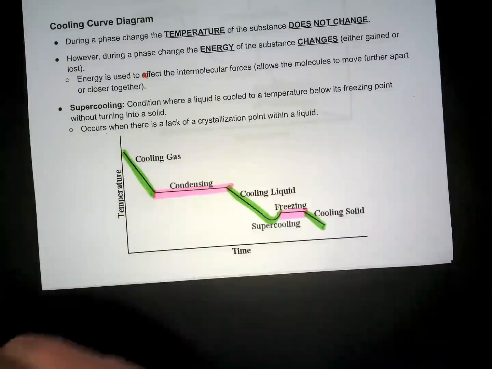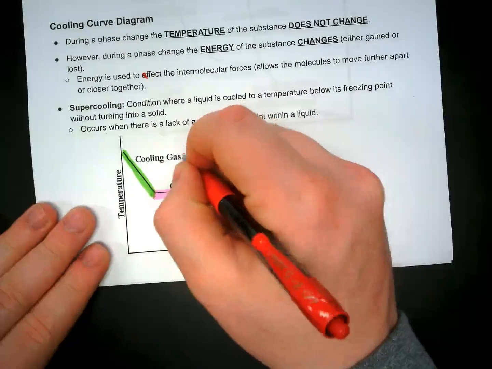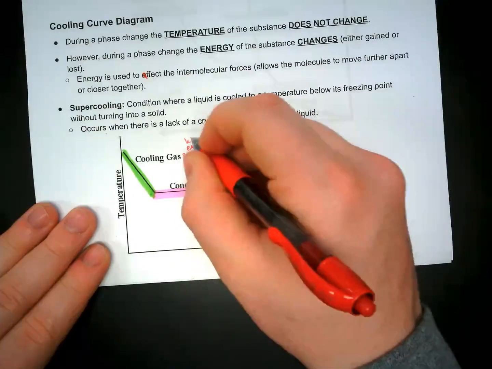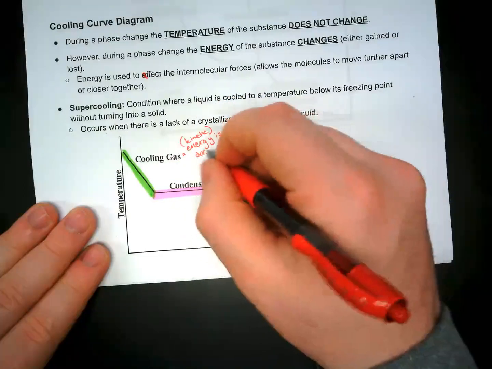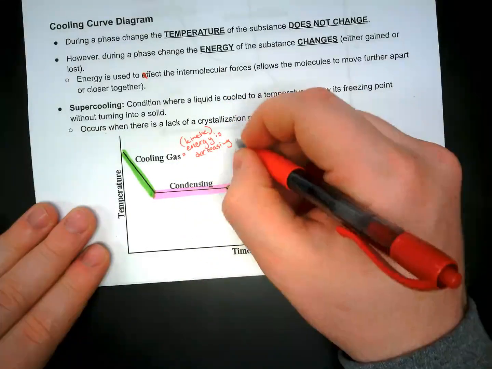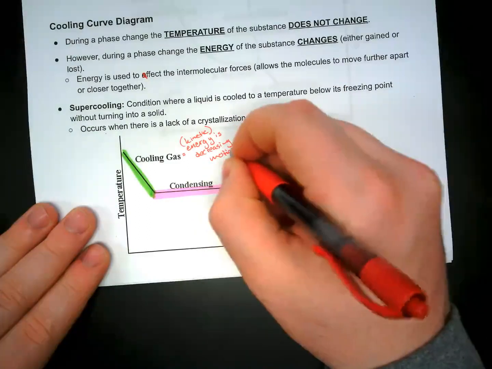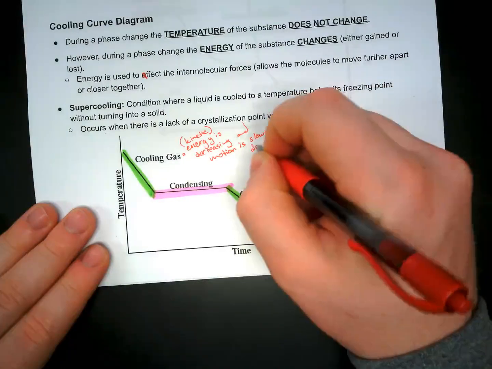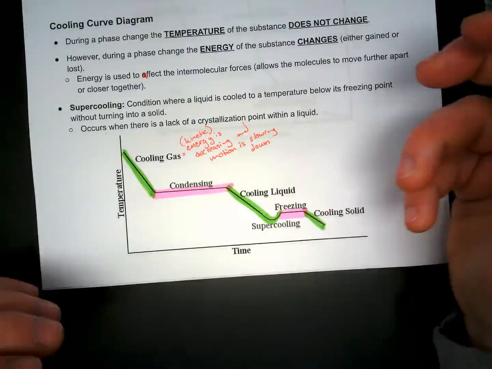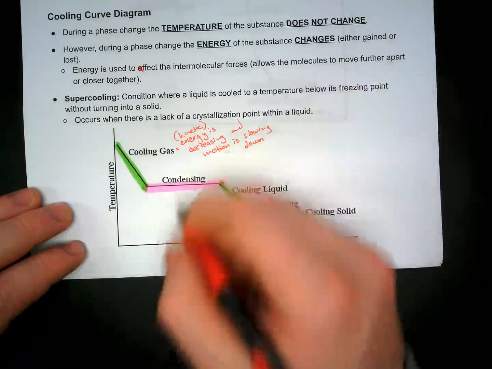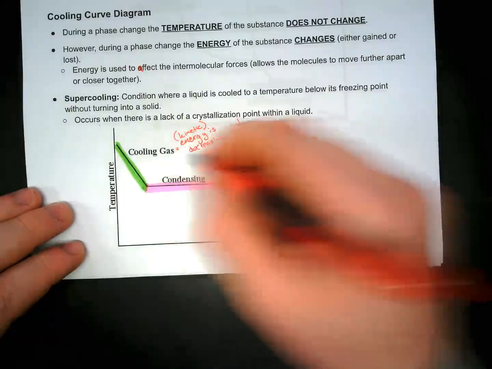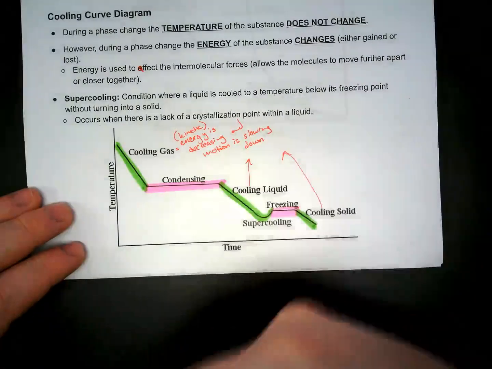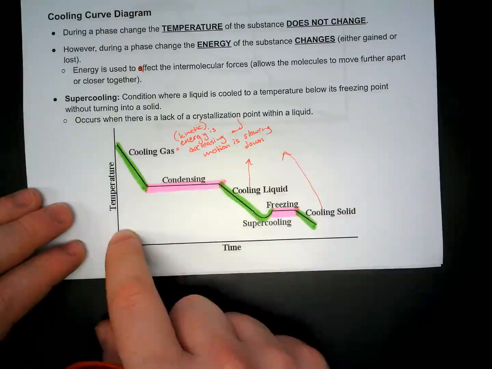So when we're cooling a gas, energy is decreasing, and I'll add in kinetic energy. Kinetic energy is decreasing, and what that's doing is the motion of our particles is slowing down. It's decreasing. There's not as much motion compared to what it used to be. We can say that for all these things: cooling solid, cooling liquid, same thing. Kinetic energy is consistently decreasing, and we see that as the temperature decreases over time.